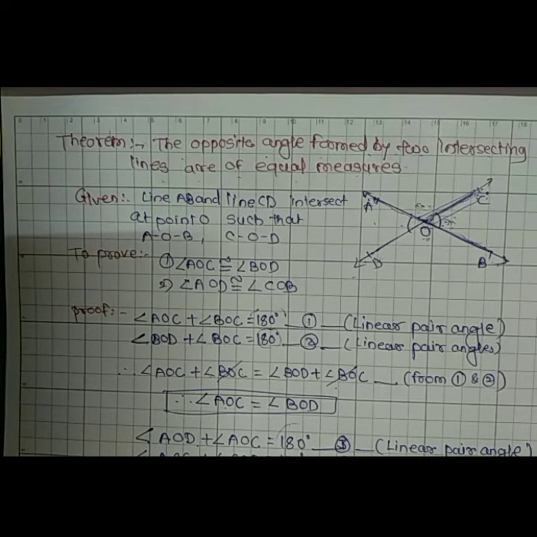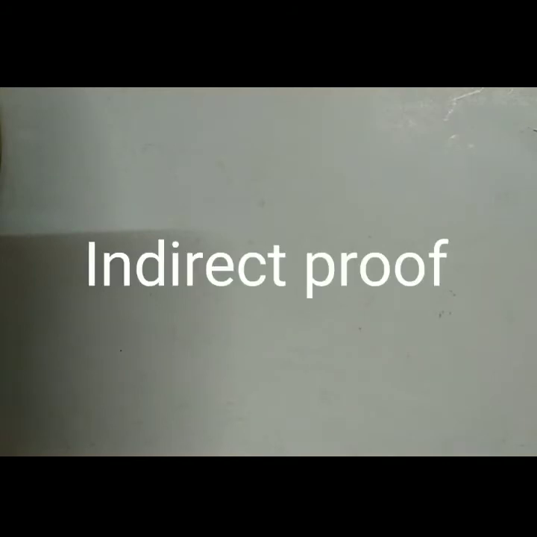Okay, complete. First we have seen the direct proof. Now we are going to see the indirect proof. See on the screen, this type of proof starts with the assumption that the consequent is false.